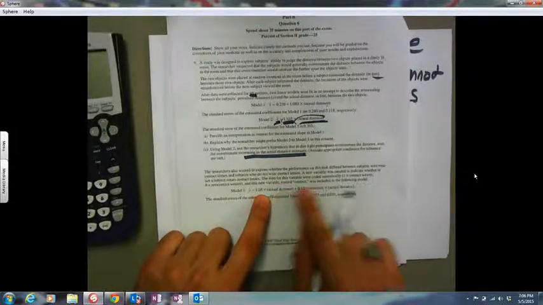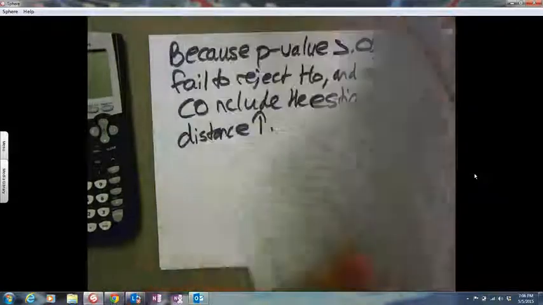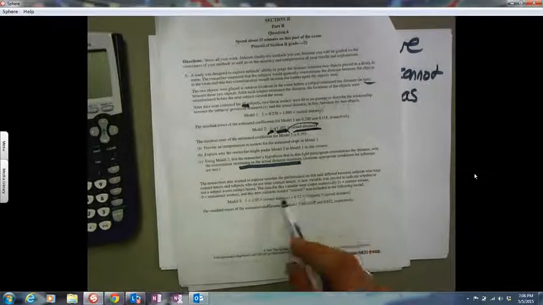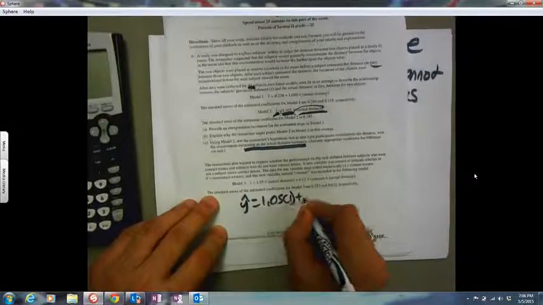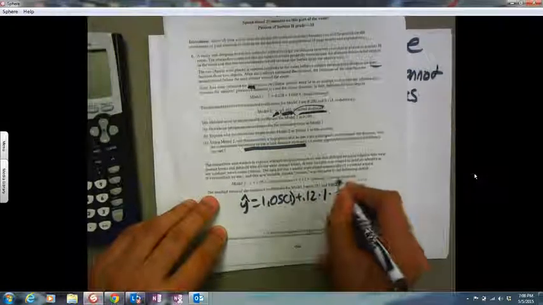Now what if this is 1? If contact is on and actual distance is 1, what do I have? I have y hat equals 1.05 times 1 plus 0.12 times 1 for contact times 1 for actual distance. And we get 1.17.